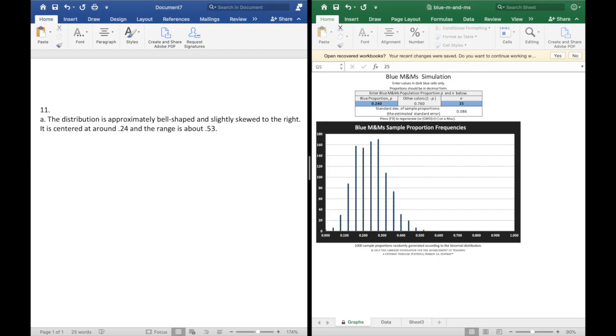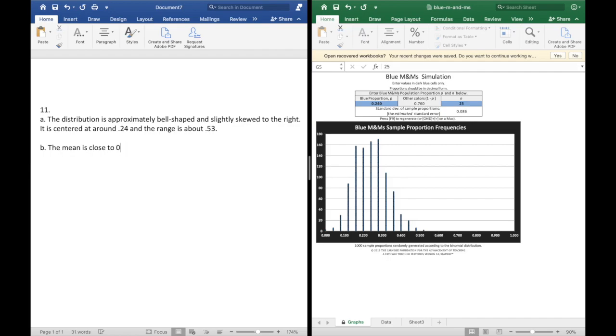Part B says visually estimate the mean of the distribution of simulated sample proportions. How does your estimate compare to the population proportion of M&Ms that is blue? We look at this, of course, the mean, we've already sort of answered this when we said the center. It is about 0.24, right? So let's write that down. The mean is close to 0.24.